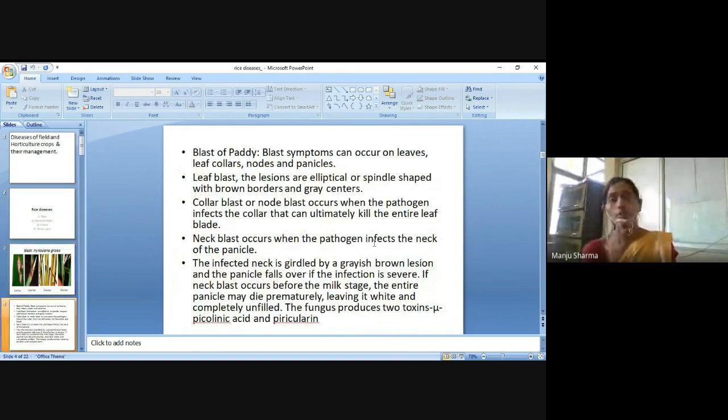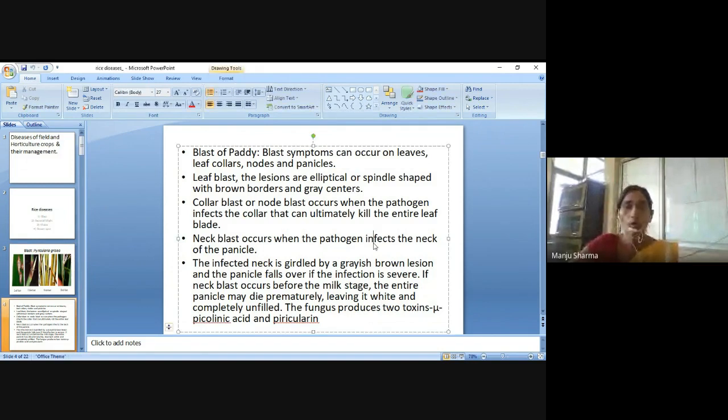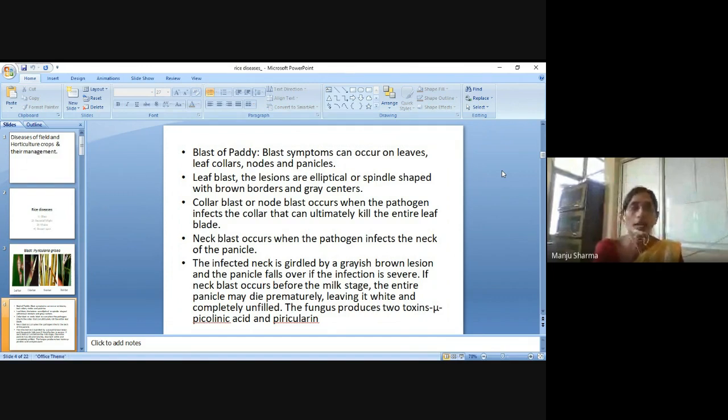Blast symptoms can occur on leaves, leaf collars, knots and panicles. Leaf blast: the lesions are elliptical or spindle shaped with brown border and gray centers. Collar blast or knot blast occurs when the pathogen infects the collar, which can ultimately kill the entire leaf blade.